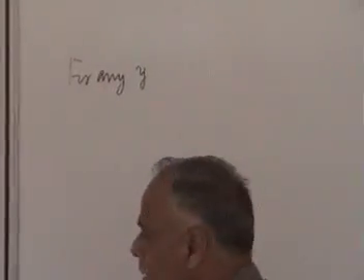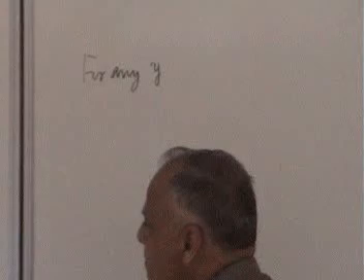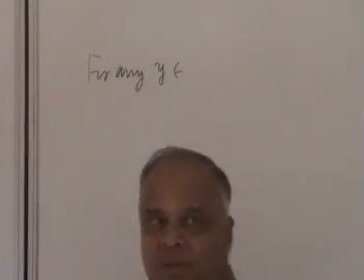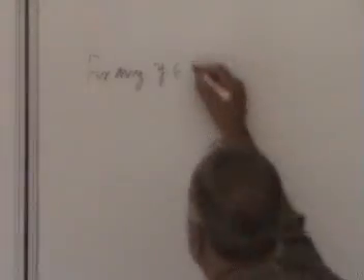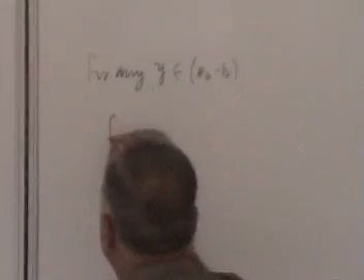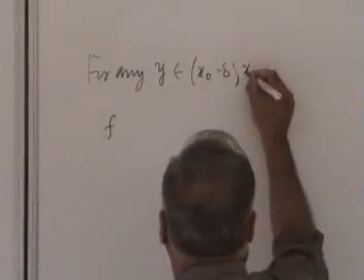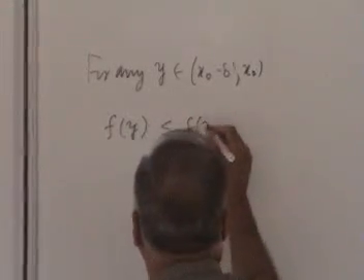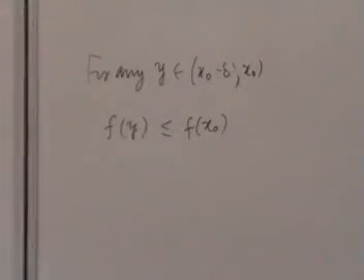For any y in x naught minus delta to x naught, certainly f(y) is less than or equal to f(x naught).